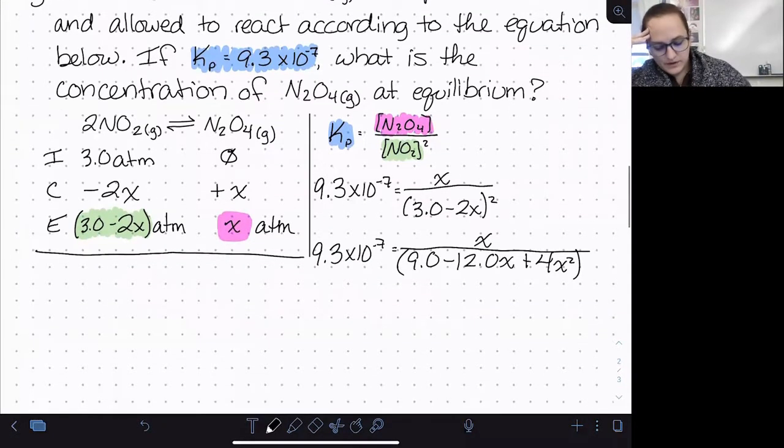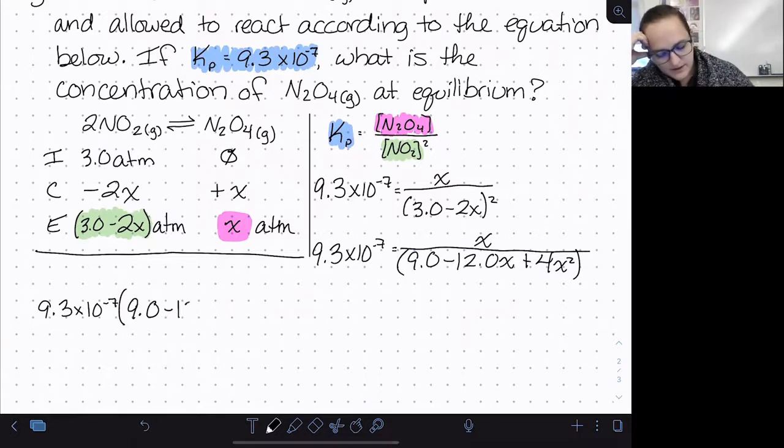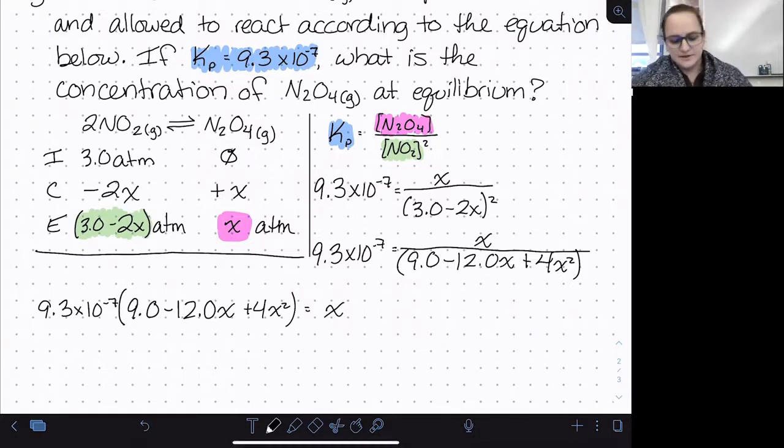So we're going to need to multiply both sides by the denominator. We still have K as 9.3 times 10 to the minus 7th, and that is going to be multiplied by the entire denominator, 9 minus 12x plus 4x squared, all equal to x.